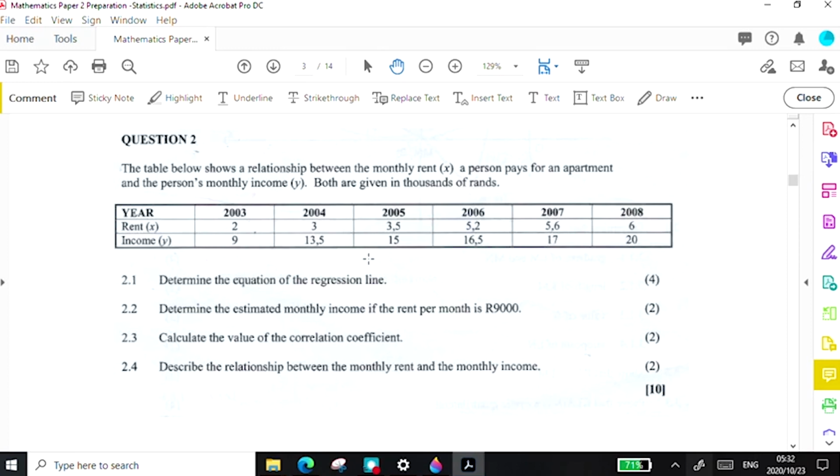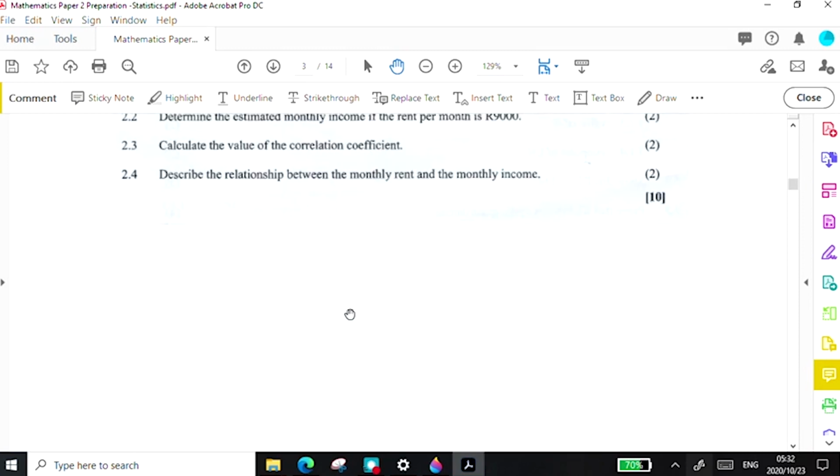In my case, REG is located at number 5. With number 5, you have A as number 1, B as number 2, R as number 3, X as number 4, and Y as number 5. So we're looking for the A value of the regression line, which is located at number 1. We press 1, then press equals, and we get the A value.